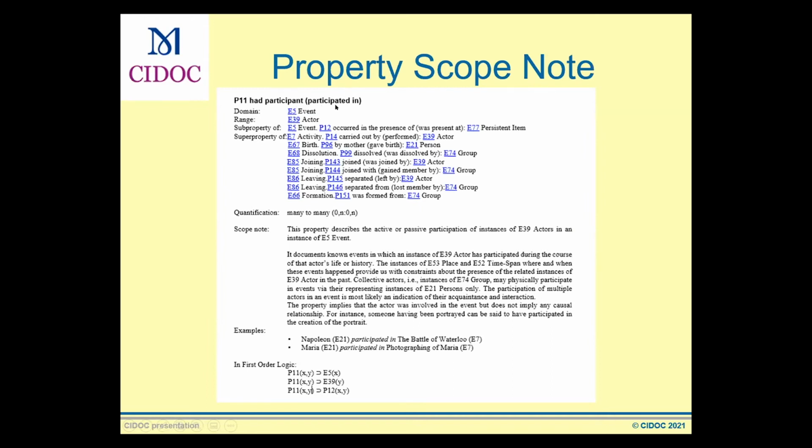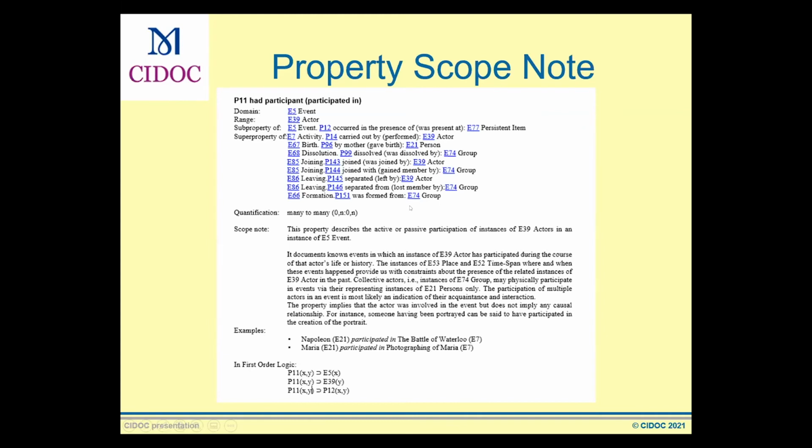The had participant property is a sub-property of another property, P12 occurred in the presence of, and it's a super property of a whole bunch of specializations, like somebody carrying out an activity as opposed to participating in an event, mothers giving birth, groups being dissolved, people joining other actors to form groups, or leaving a group.